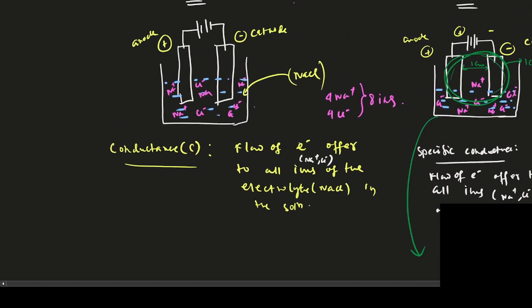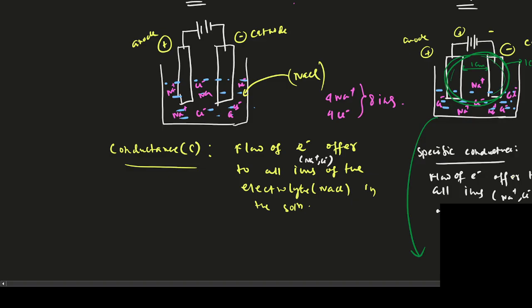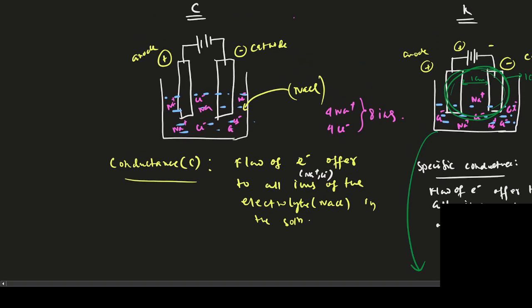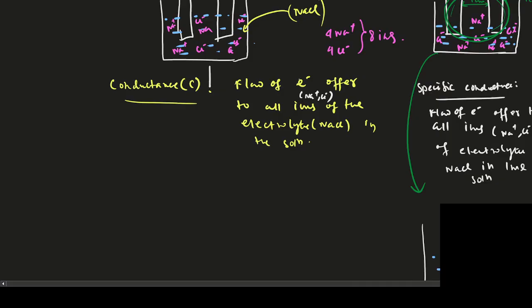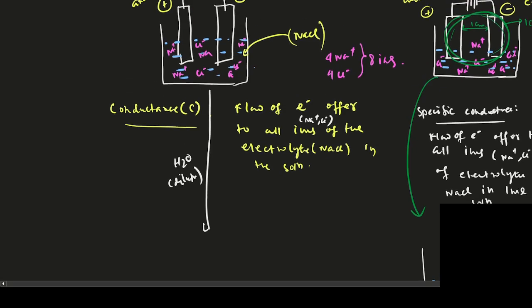On adding water, what will be the effect on the conductance and specific conductance? That is the question. If I add water to these solutions, that is dilution, what happens?